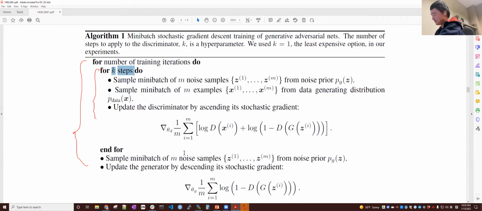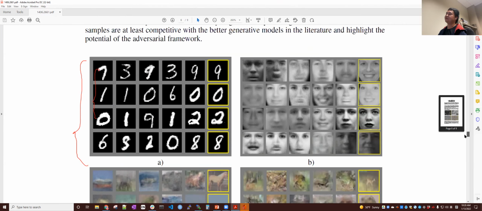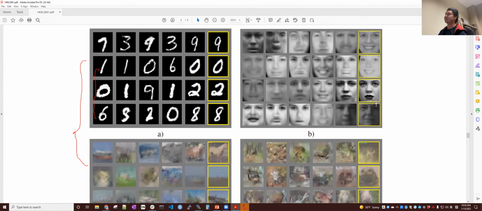Something I have to say is that people argue about why, although there is an evaluation metric for how the generative model performs, we can just tell from the image that this column is GAN generated and this column is variational autoencoder generated.